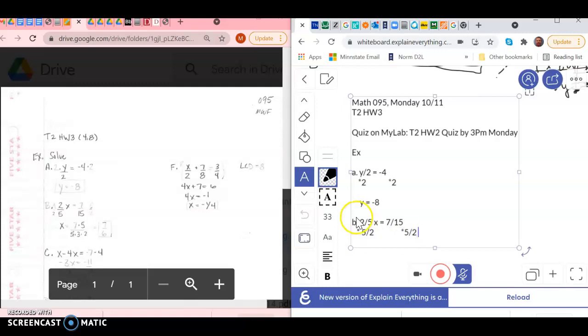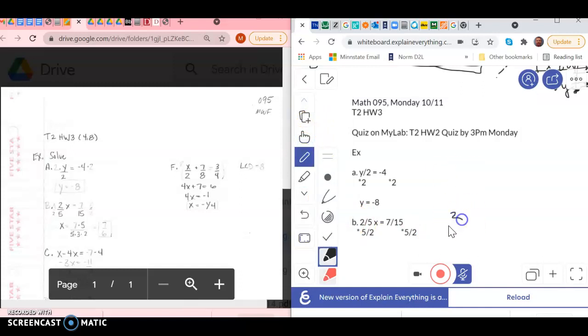It's kind of hard to read, so maybe I'll write this one by scribble. 2/5 x equals 7/15, multiplying by 5/2. This divided by this is 1, that divided by that is 1, and so we're left with just x.